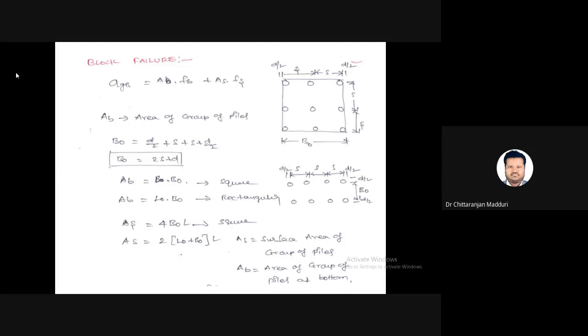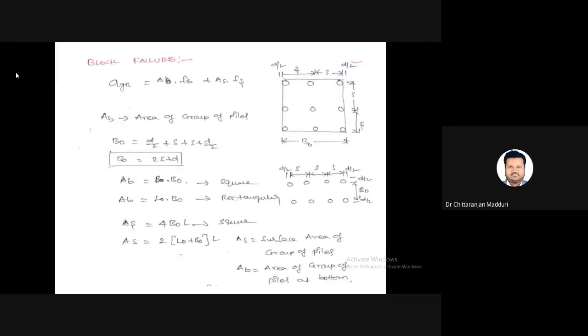See here the formula for group capacity by considering block failure: Q_GB equals A_B times the bearing capacity, plus A_S times F_S. A_B is the area of the group of the piles at the base, at the bottom. F_B is the bearing capacity of the pile at the bottom.